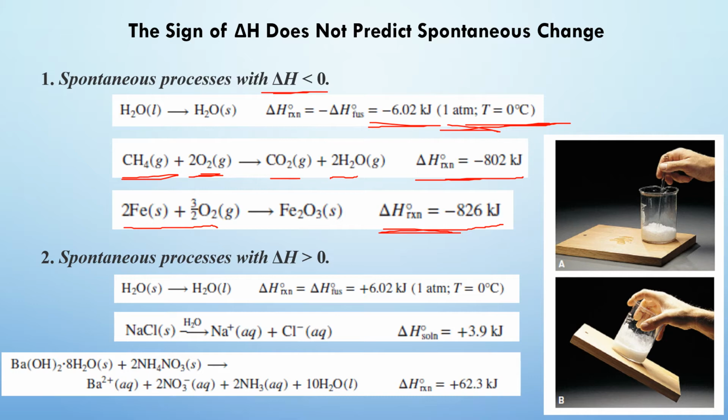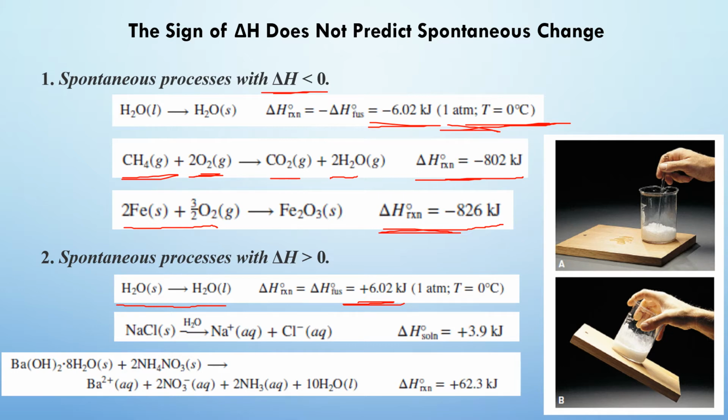Now, some spontaneous processes have delta H greater than 0, meaning endothermic reactions. For example, solid ice becomes water at 0 Celsius: it melts, which is also a spontaneous process, and it has a delta H greater than 0, meaning that it's endothermic.